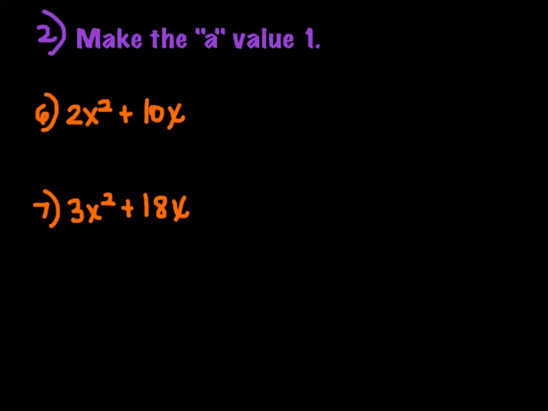The second thing you need to be able to do is to make the a value 1. I'm not factoring out a GCF here. I'm just making the a value 1. So in this situation, I'm going to take that 2 out of that expression.